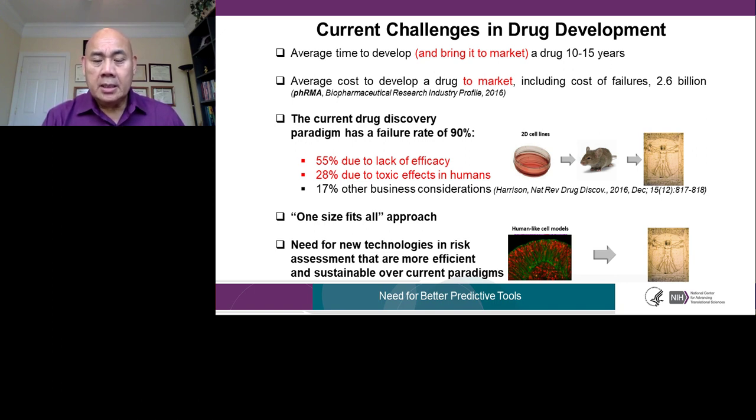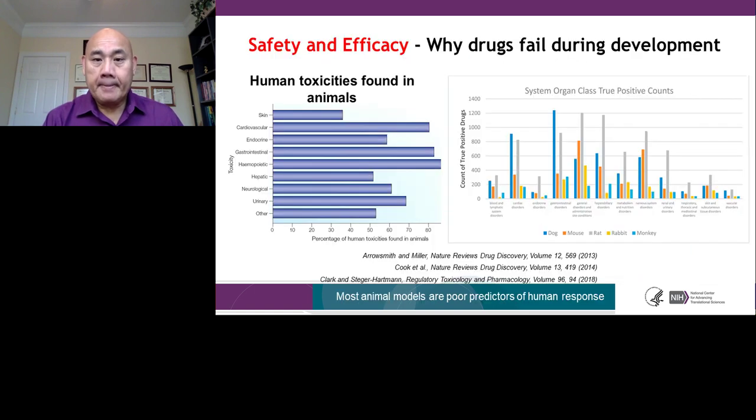So what we need and what NCATS is trying to address is to create tools that would be better predictive of the human response to some of these candidate therapeutics. If you look at the safety and efficacy issues, a good number of the failures is because we are currently using animal models that are not predictive of the human response.